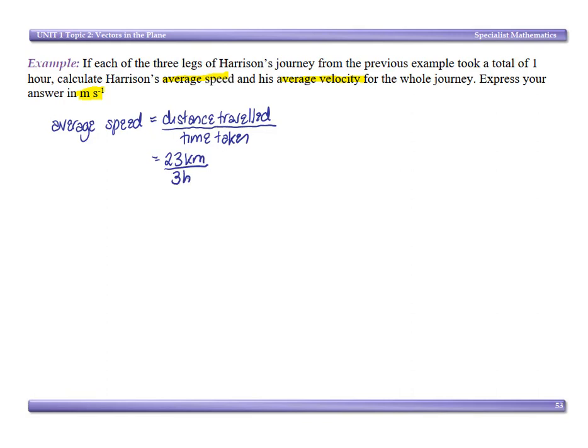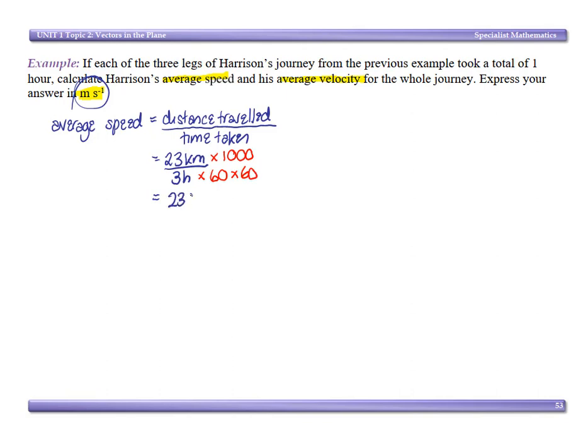The question says to answer in meters per second, so I'm going to change to meters and seconds now. Our 23 kilometres, we're going to have to times that by 1,000 to get it into meters. And our 3 hours, we're going to have to times that by 60 to get it into minutes, and times by 60 again to get it into seconds.